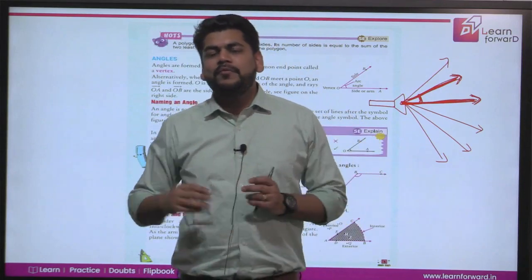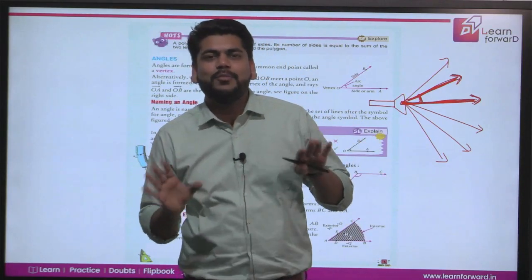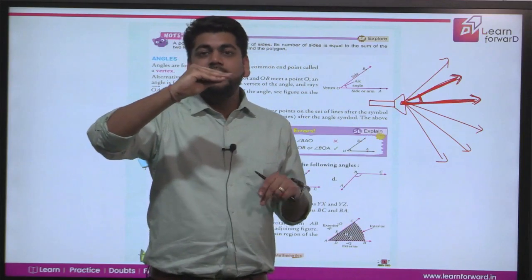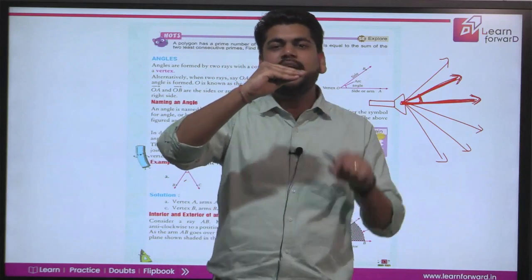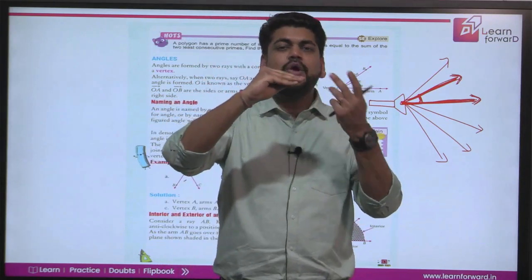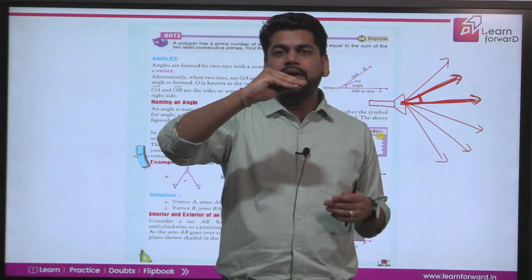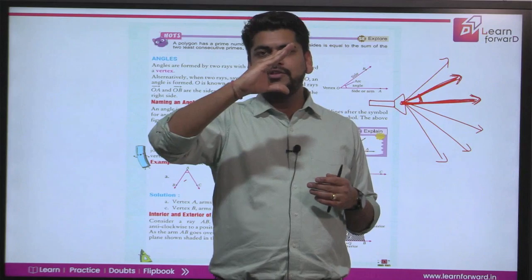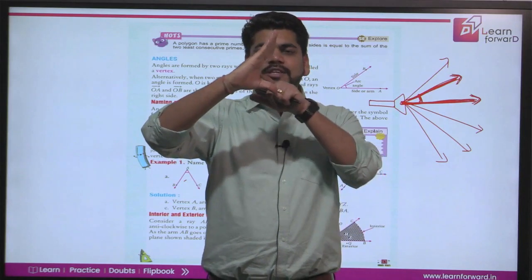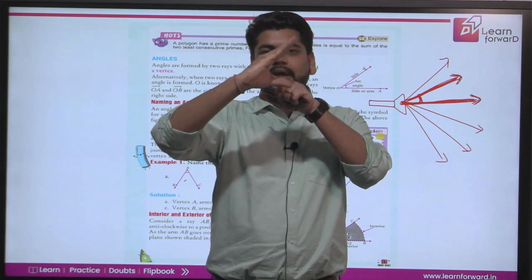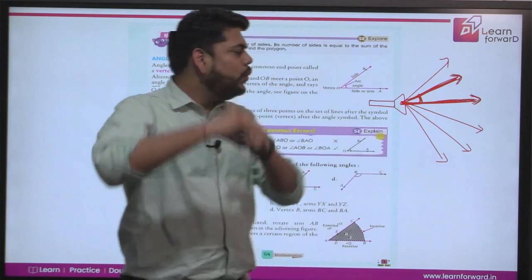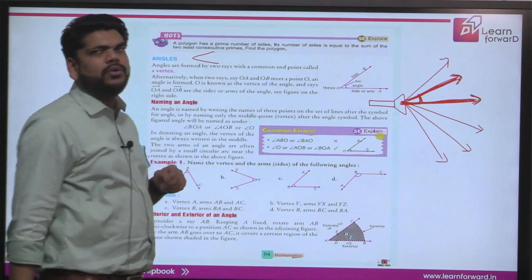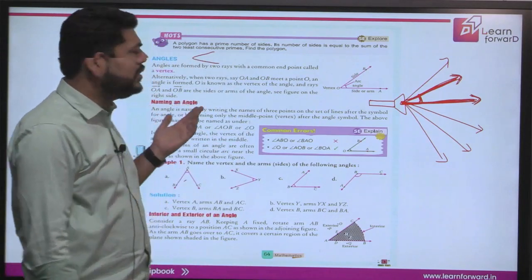If you see the crocodile face, when he does not open his mouth, it's a 0-degree angle because it's not open yet. He might open his mouth this much or this much or this much. So this is the angle he is forming. We can remember angles by the crocodile mouth. How much mouth he is opening is called the angle.